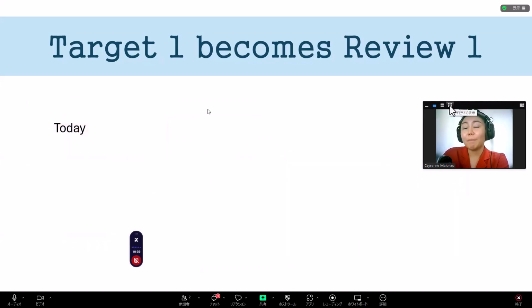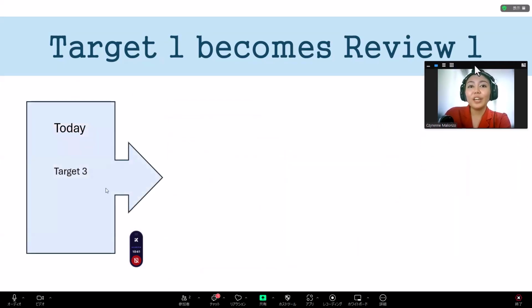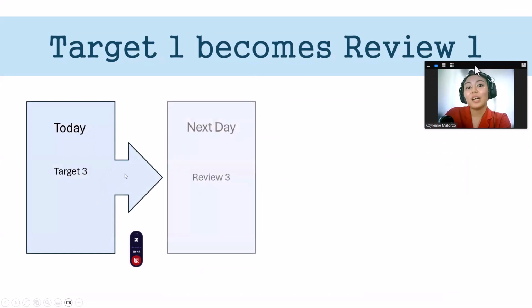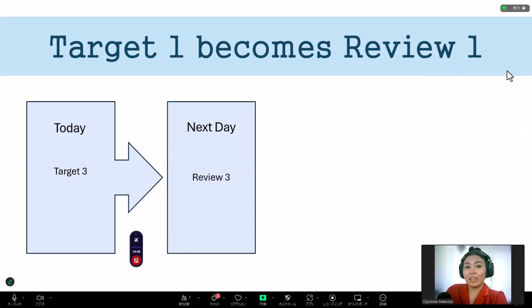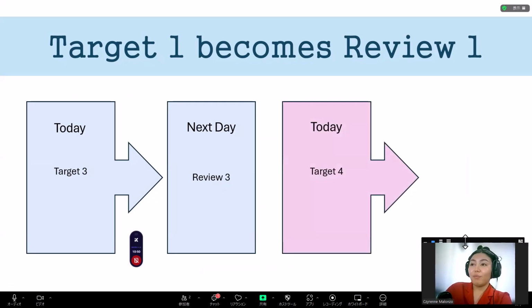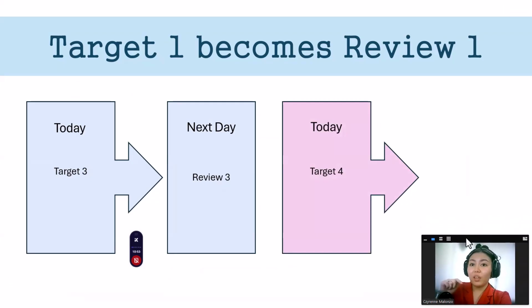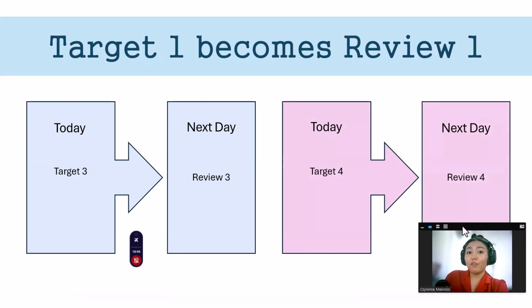Again, for example, third day, your target 3 becomes your review 3 for the next day. And again, the target for today is the review part for the next day. So basically, you only have to change one part every day. That is your target because the review is always the same as yesterday's target.